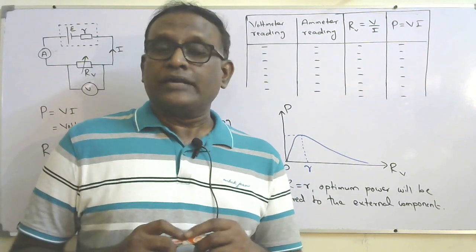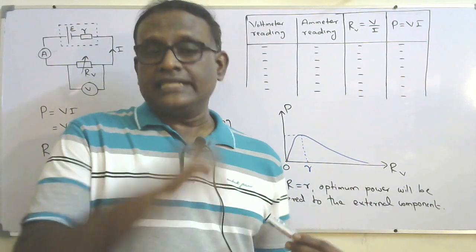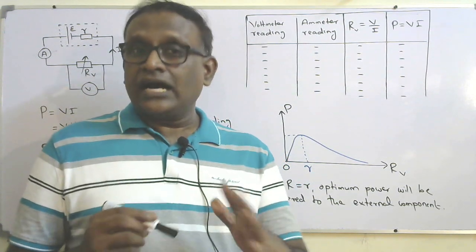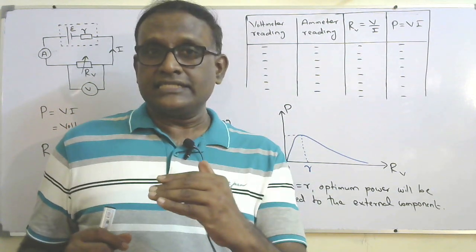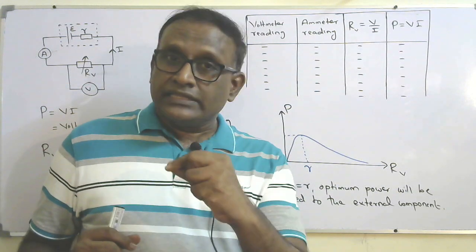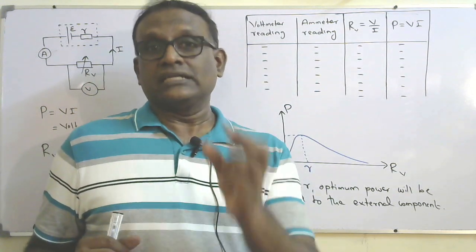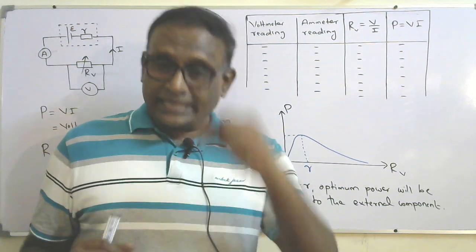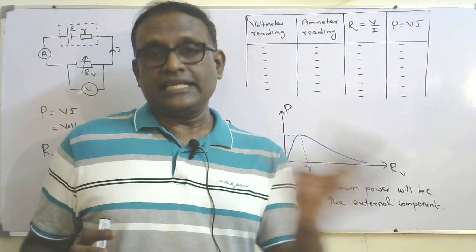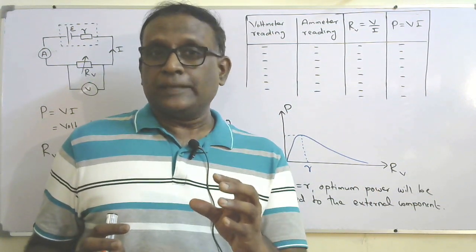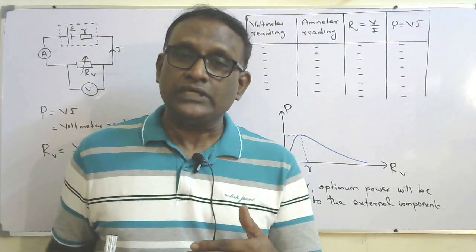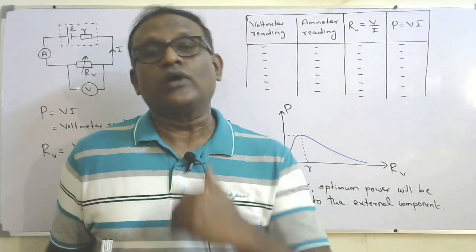But anyway, I don't want to go into mathematical detail, but I'm going to discuss a question now. There, I will consider the resistance of the external component lower than the internal resistance of the cell. Then what will be the efficiency? When the resistance of the external component is equal to the internal resistance of the cell, what will be the efficiency?